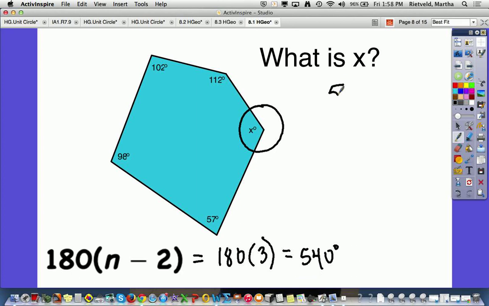You take that 540 degrees and you subtract out the angles we already know, the 112, the 102, the 98 and the 57, that will give us the one that's left. So I'm just going to do that quick subtraction. 540 minus 102 minus 112 minus 98 minus 57. That leaves us with 171 for x.